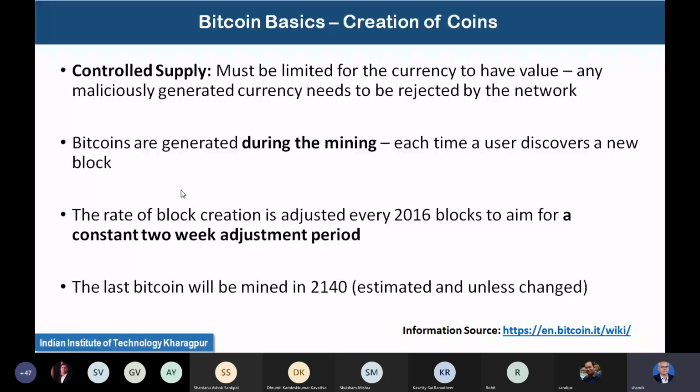The other is it is only a matter of transferring the Bitcoin from one user to another one. So this generation is done during the mining. And why is it done at the time of mining? Because that particular node has spent efforts and resources, and that's why that is called the reward. So you get the reward for the work that you have done.